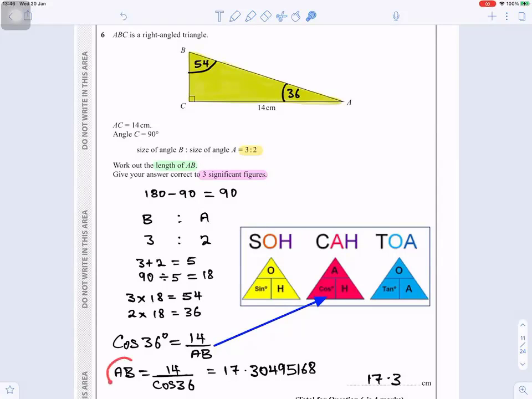So the hypotenuse is the adjacent, 14, divided by cosine of 36, which will give you 17.3049568. To get your answer to 3 significant figures, you put a line between 3 and 0, and 0 is below 5, so it's just 17.3 centimeters.